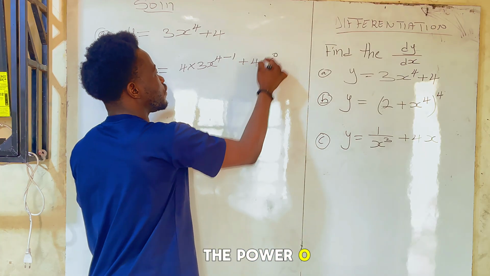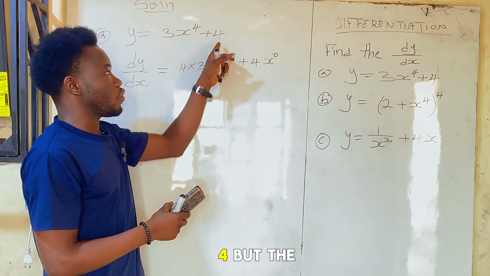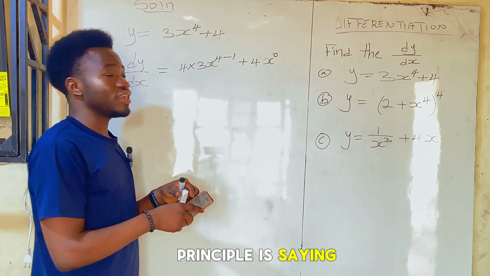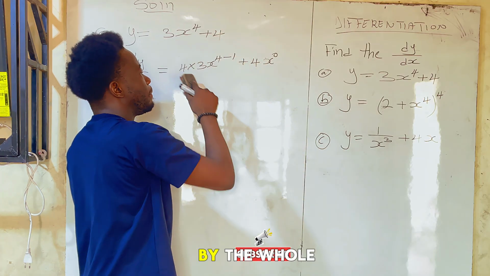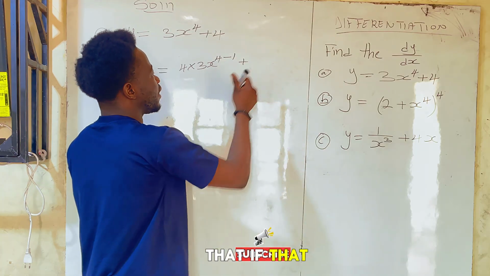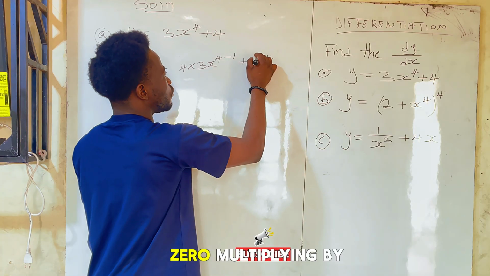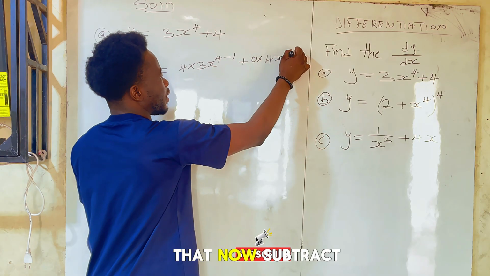So x to the power 0 is 1, and that means you still have 4. But the principle is saying that we multiply the exponent, that is the power, by the whole function. So if that is the case, I can have 0 multiplied by 4x exponent 0. Now subtract 1.